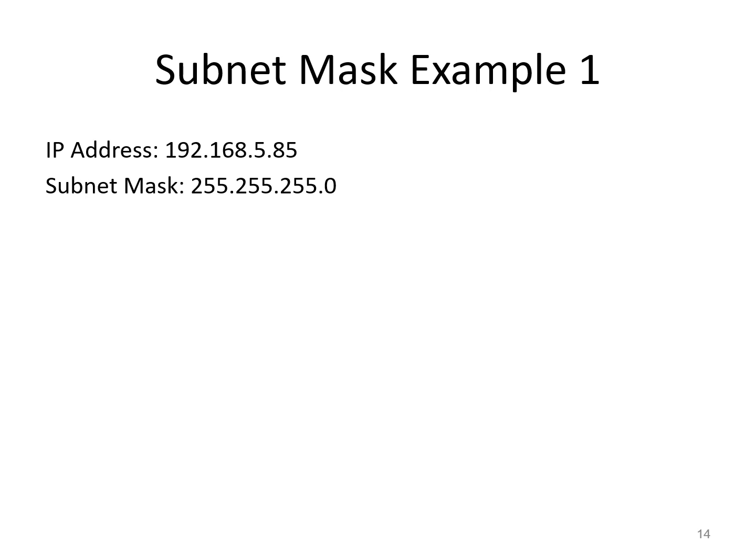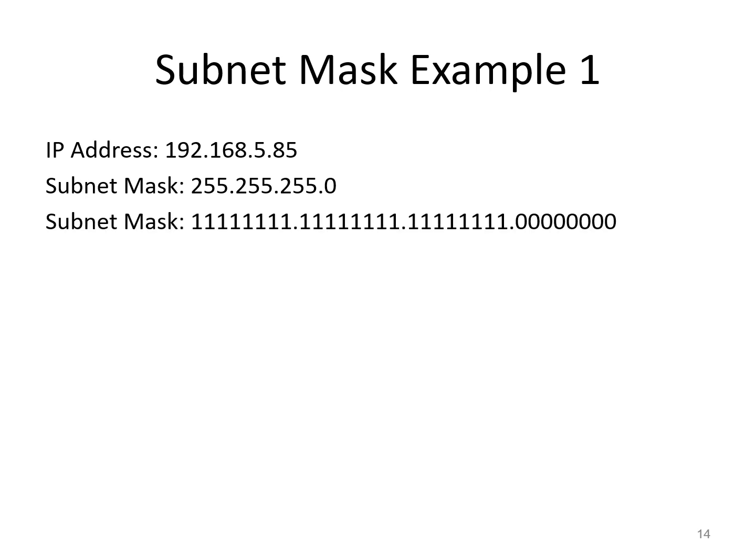If we look at the binary equivalent of the 255.255.255.0 subnet mask, we would get the values as shown here. Thus, we can see that the first 3 octets make up the network address of 192.168.5, and the host address is 85, contained in the last octet.